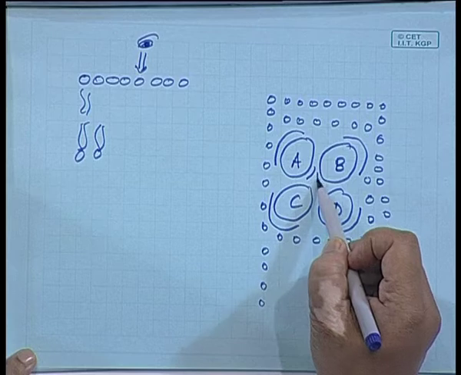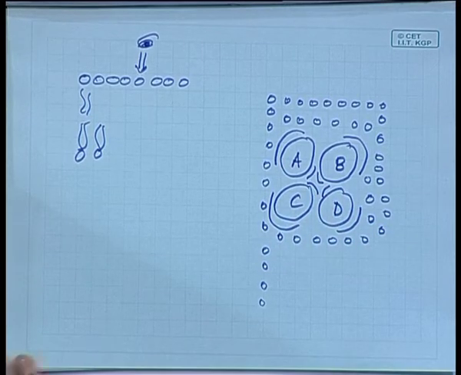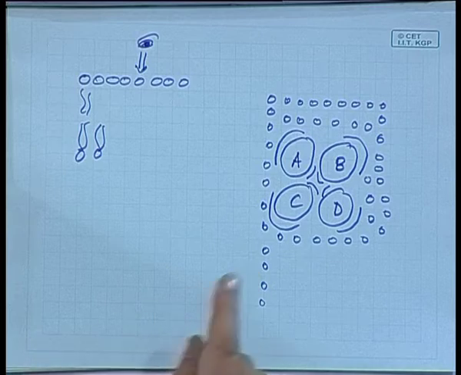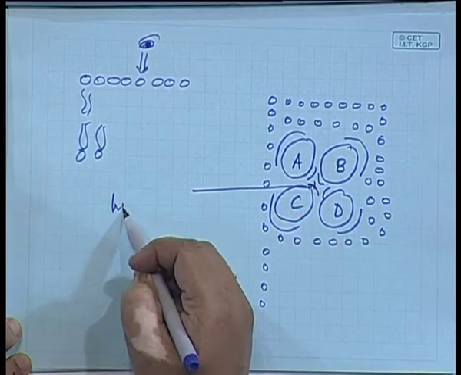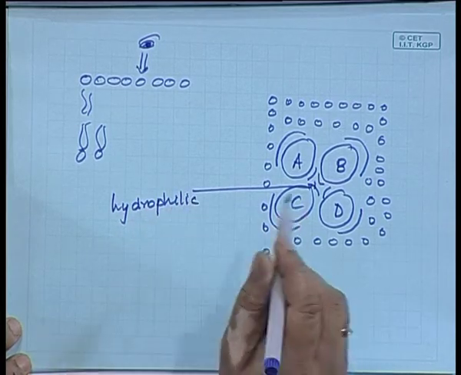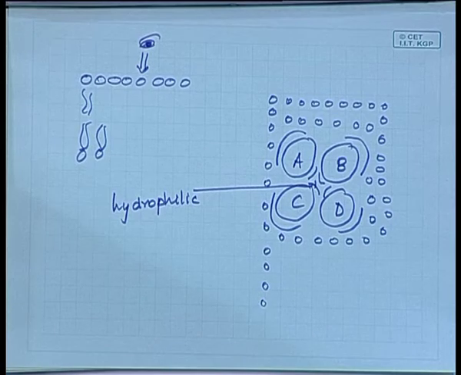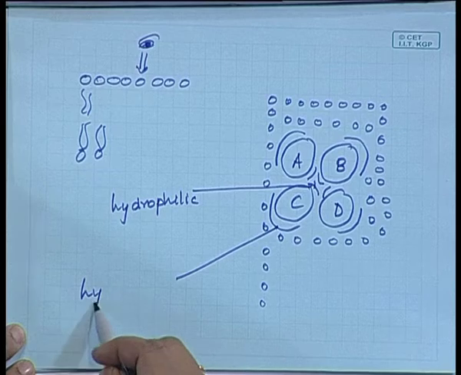The inside region? Hydrophilic. That is exactly what you see in such types of proteins. Okay? And why is it convenient to have this part hydrophilic? So that it can transport ions, and this part is hydrophobic.